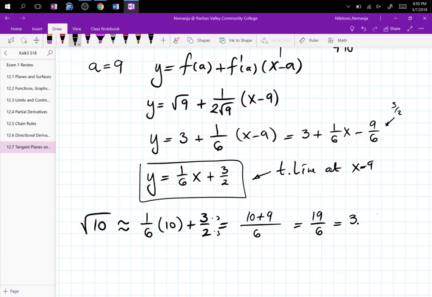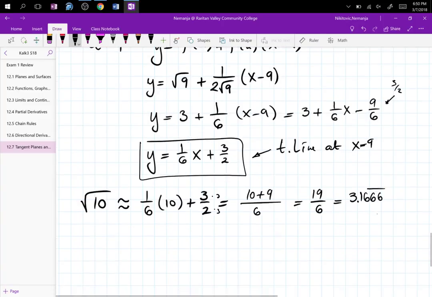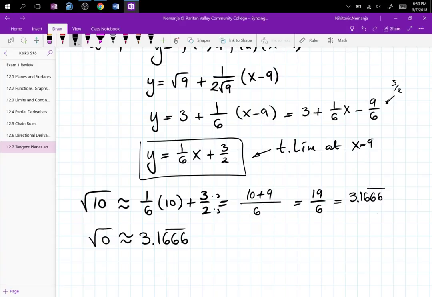So I could use the calculator to get that 1 sixth is .166 going forever. Now, what I want to say is that the square root of 10 is approximated to be 3.166, going on forever.